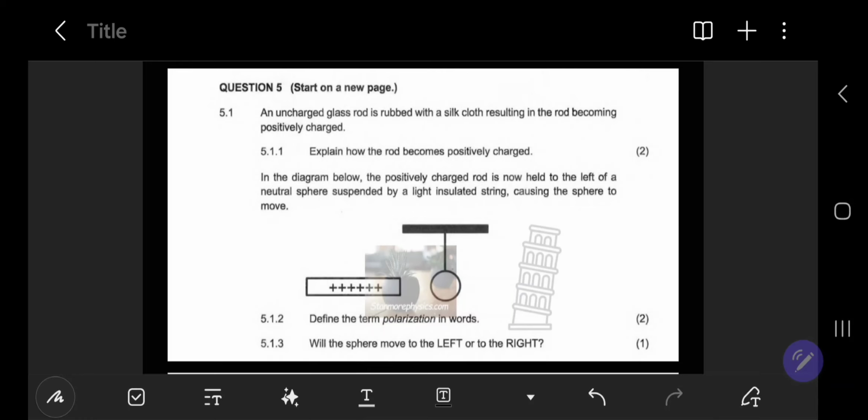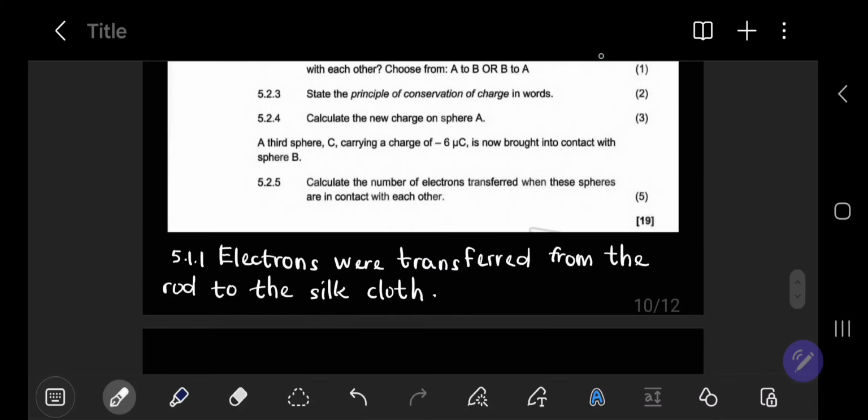So what happened to its electrons? That would mean that its electrons were transferred to the silk cloth. So it went from having a charge of 0 to now having a positive charge. Initially, when it was uncharged, its positives and negatives were equal. So here we have it: electrons were transferred from the rod to the silk cloth.